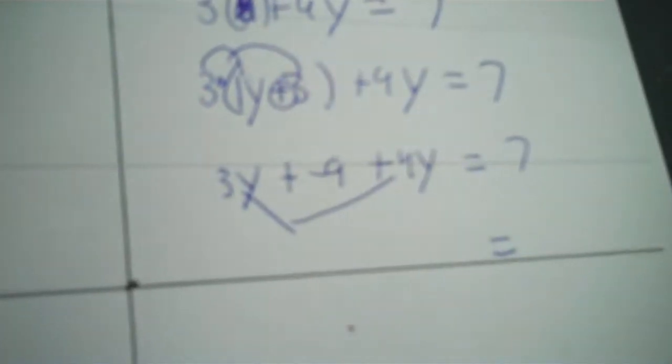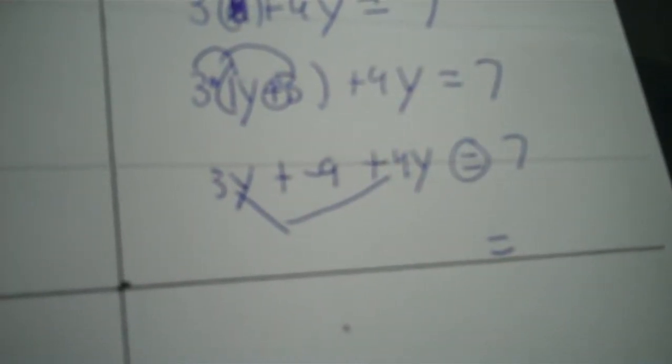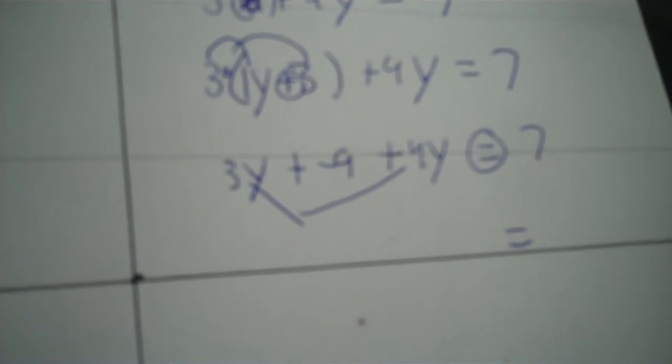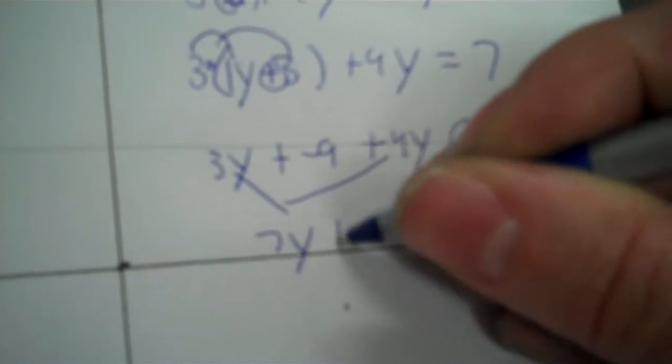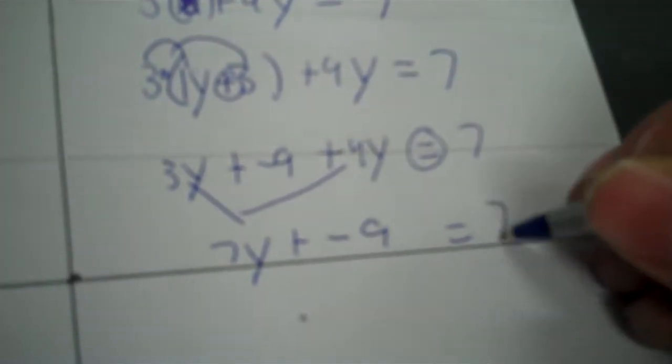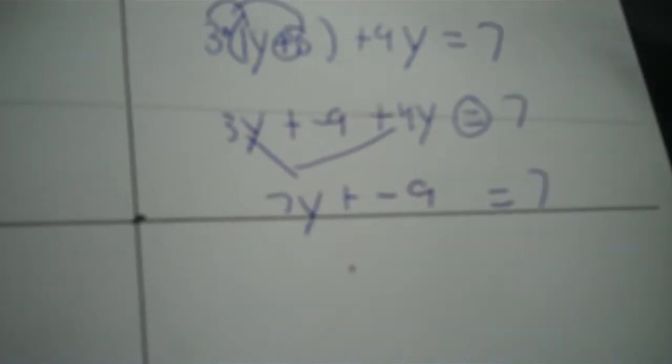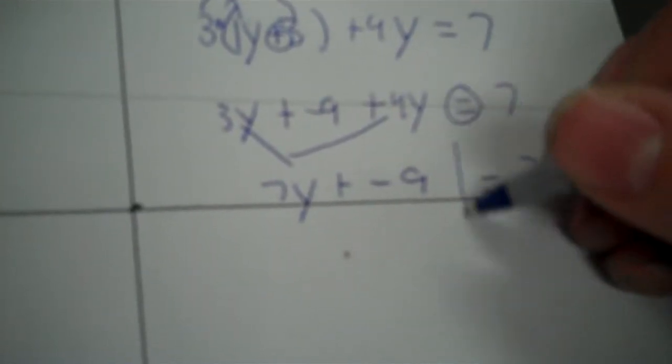Okay, so I combine the y's. They're on the same side of the equals. You don't take out the smaller, you just combine the like terms, and that's 7y plus negative 9, and over here you got 7. Now I'm ready to solve for y. Got y is multiplied by 7.